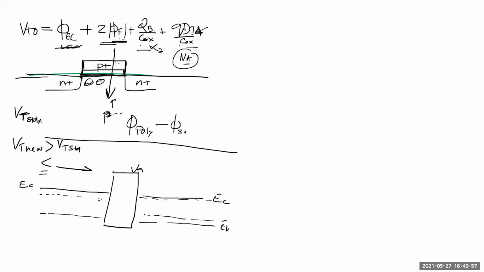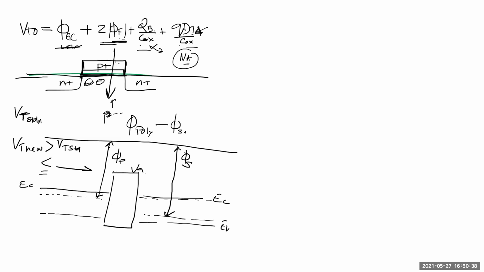The energy which is required to take the electron from this Fermi level to vacuum is called the work function, in this case of N plus poly. And the energy required to take it from the P substrate to vacuum is this. Let's call this phi S, substrate, and this phi poly, right?